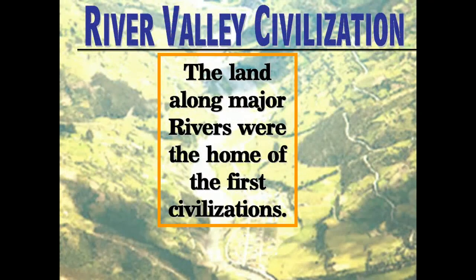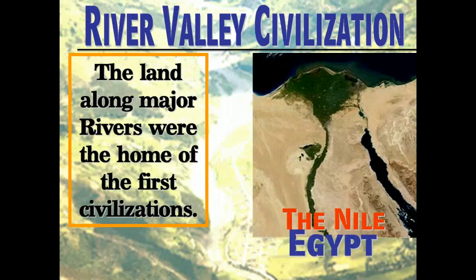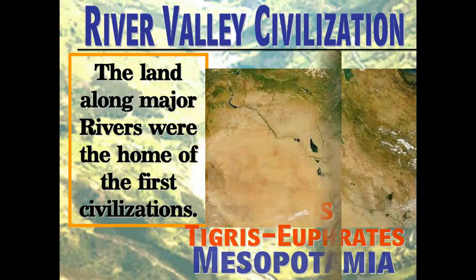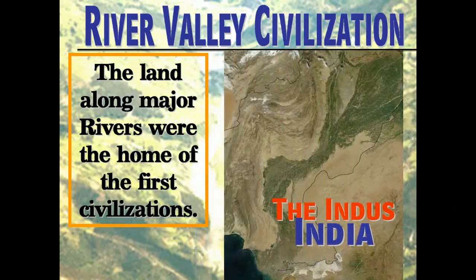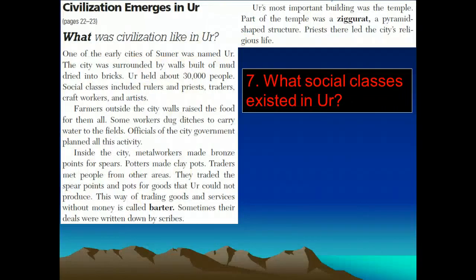And one of the reasons that all of these take place near rivers is because rivers provide the fertile soil that you need for farming. And the greatest of these will probably be China. And we will talk about this in depth as we get ready this week.